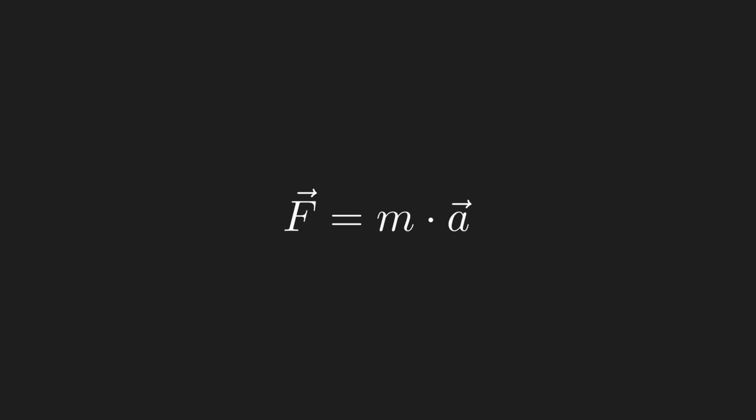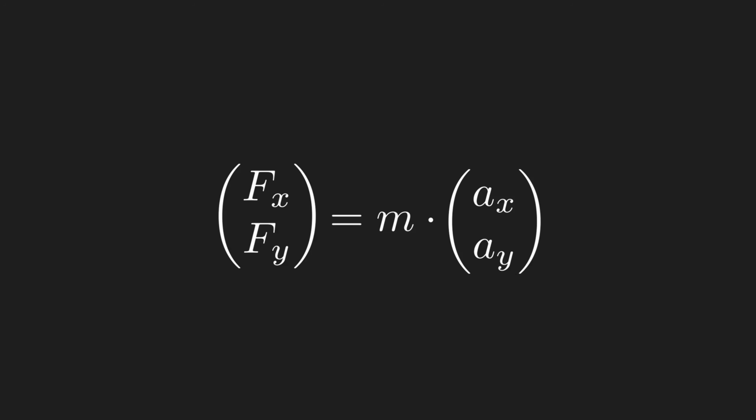We can start by taking Newton's second law of motion, F equals ma. So if we apply a force, like for example gravity, on some object with a mass, it will accelerate. We're gonna split up this vector formula into an x and a y component.